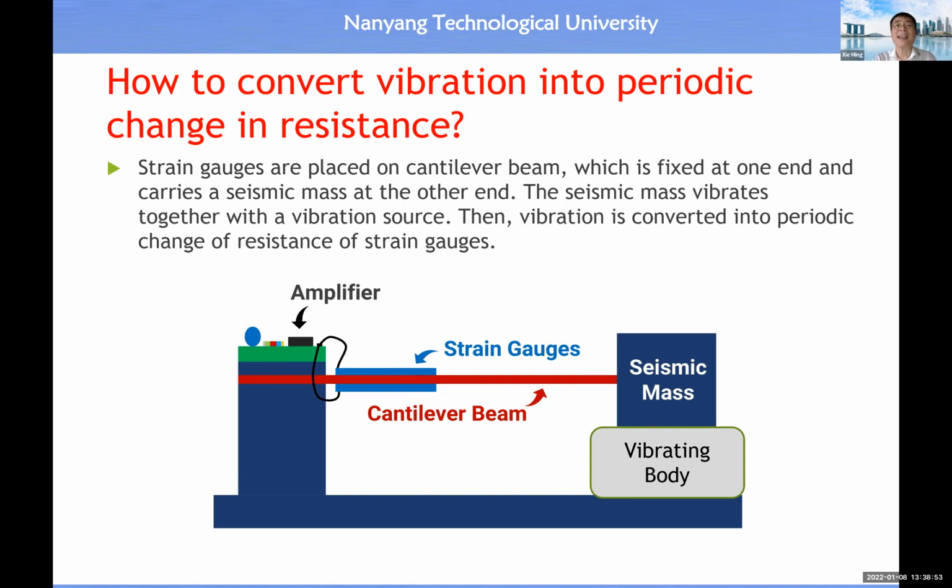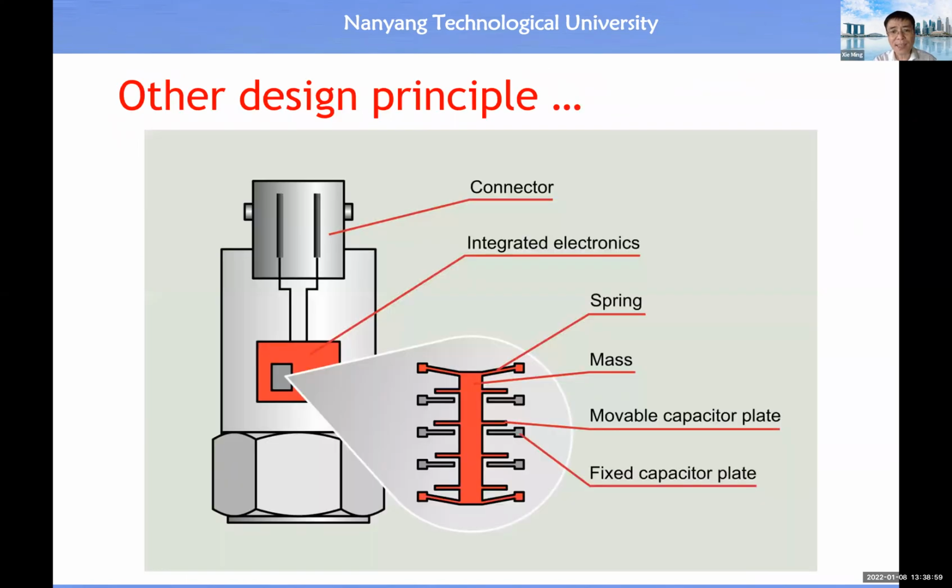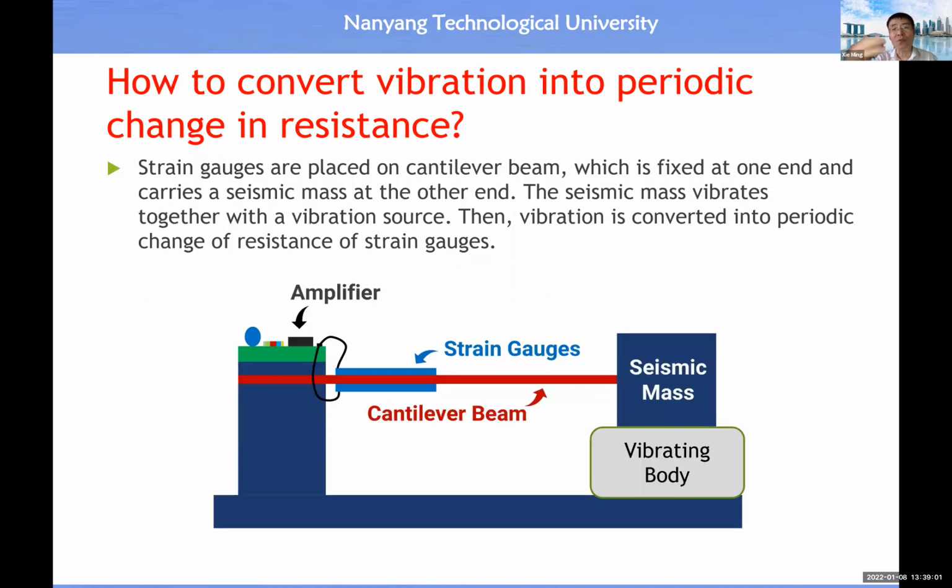Then this change of resistance could be further converted into voltage. How to convert resistance into voltage, in one of the previous lectures we have already studied. So I'm not going to repeat it again in this lecture.